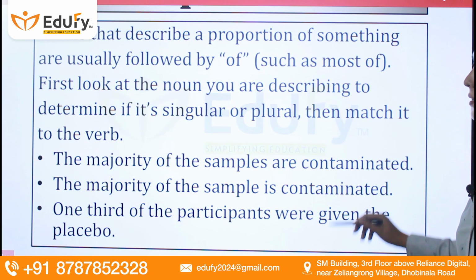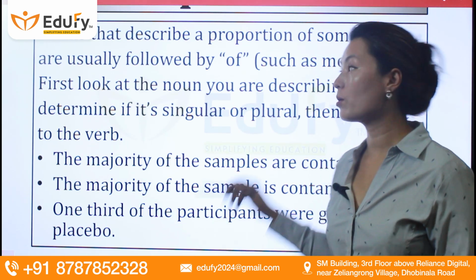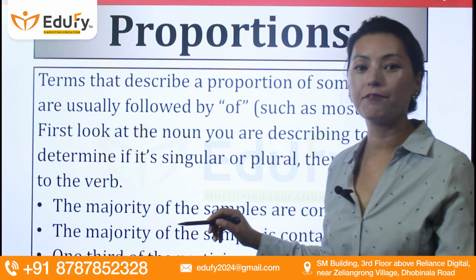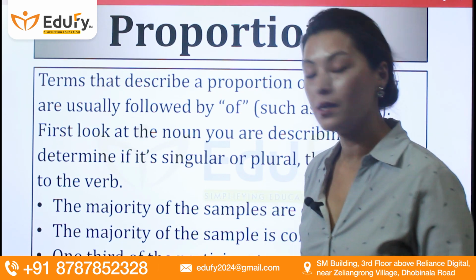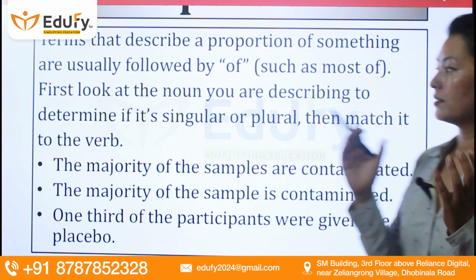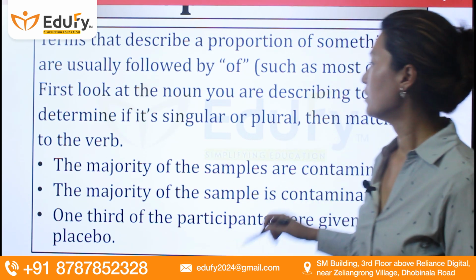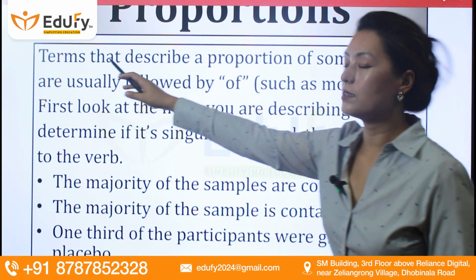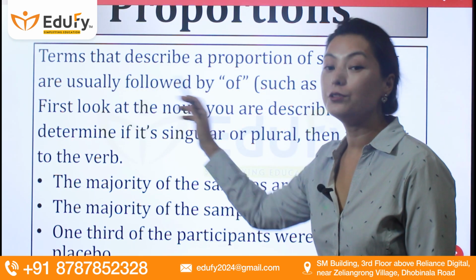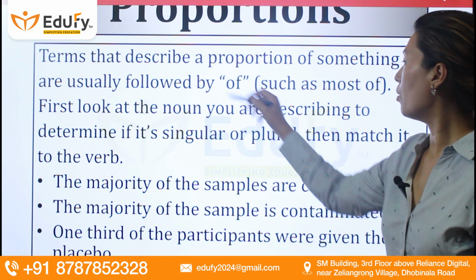The last one, which is proportions. Proportions basically means not specifically defining the exact number, but rather talking about the description of it. Okay, so when we talk about proportions, terms that describe a proportion of something are usually followed by the word "of".